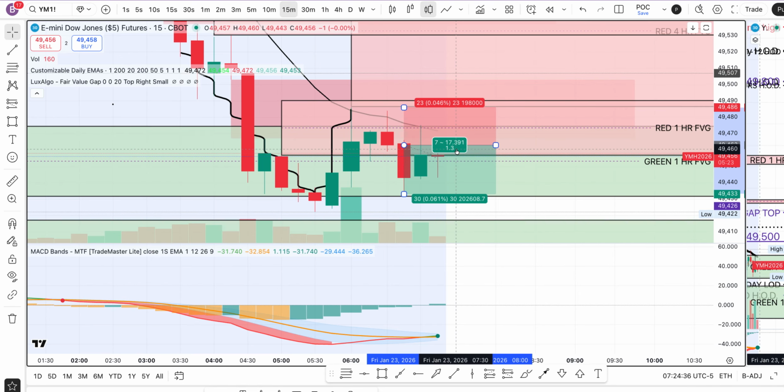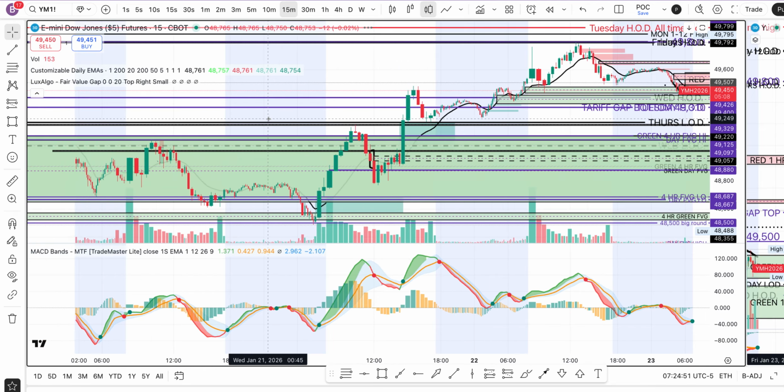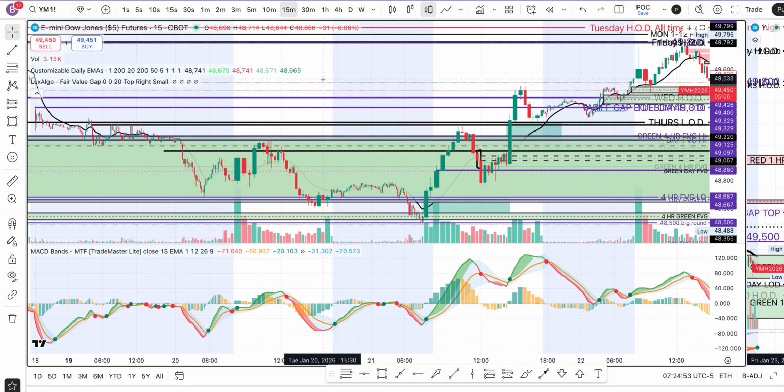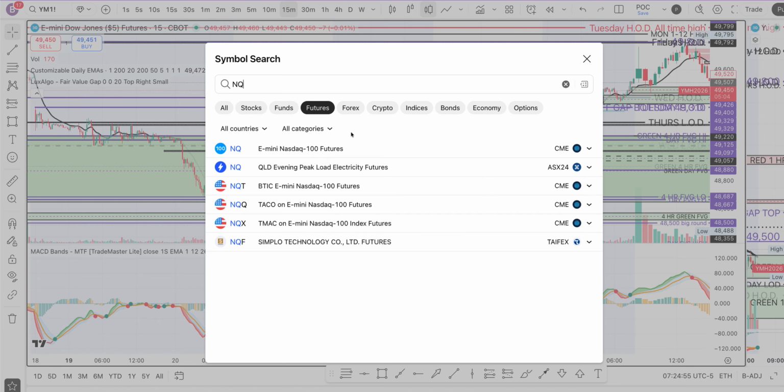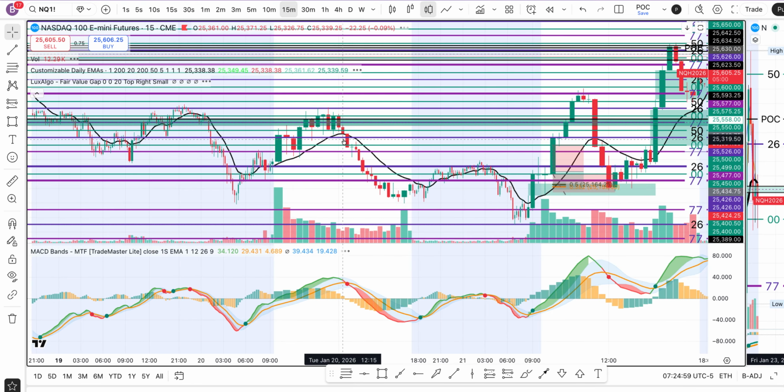There's nuances to this, and there's lots of other different types of trades that I do that are similar to this. For example, if this had been a hammer candle, then that would work too. We had one the other day. I believe it was on NQ. I didn't take it, but I'll give you an example of another way that this can look.